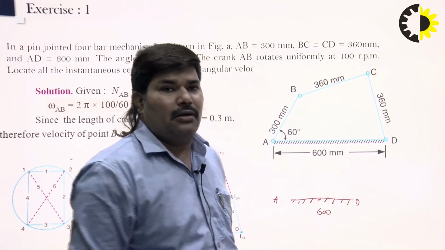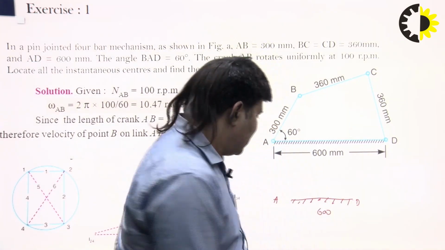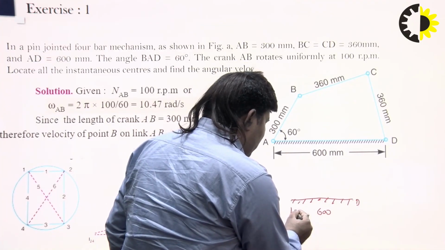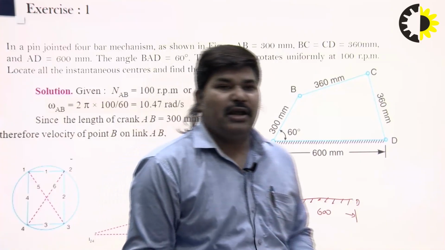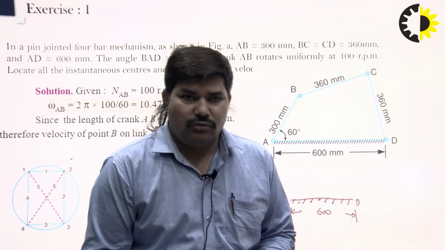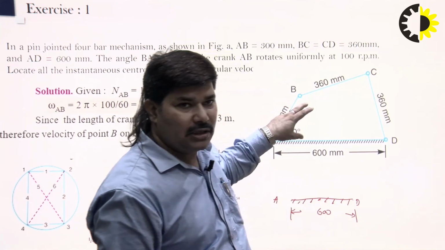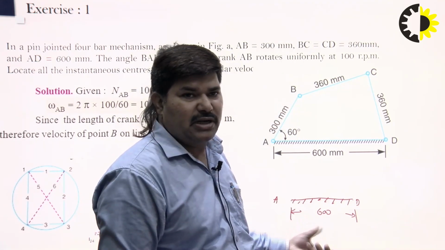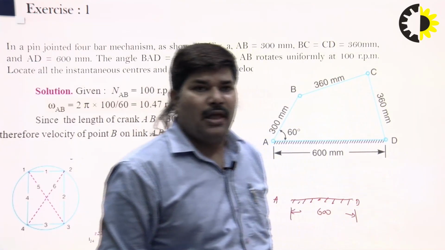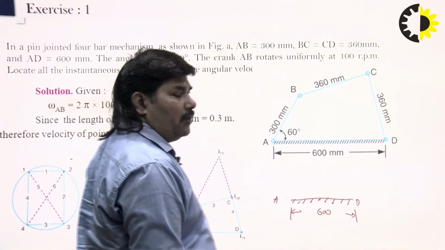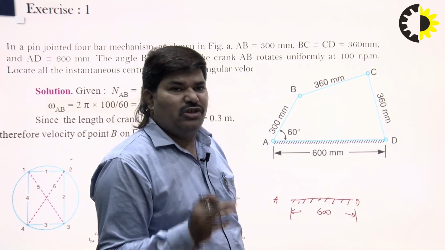You can take a scale: if you draw on paper in a copy, you can take 100 mm equal to 1 centimeter. So you draw 6 centimeter, then 3 centimeter, 3.6 centimeter, 3.6 centimeter. After that, you can draw the angle BAD with a 60-degree inclination.